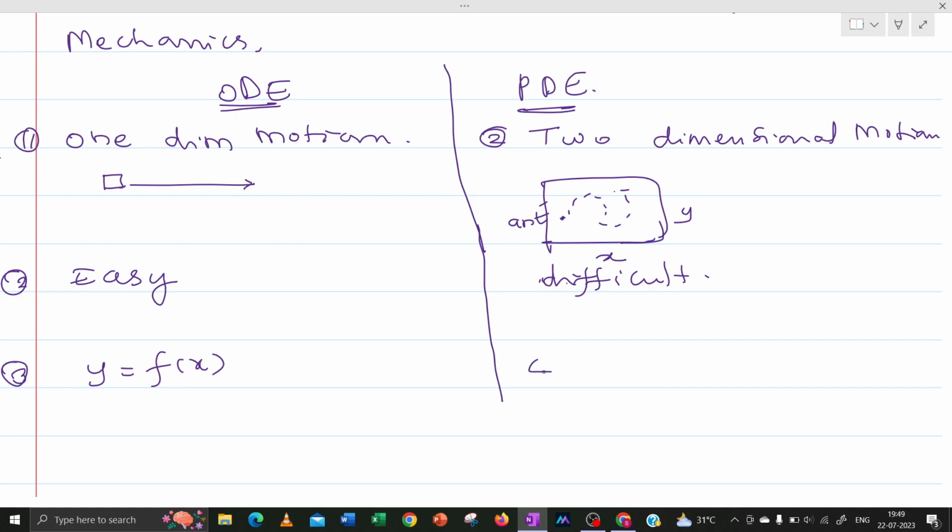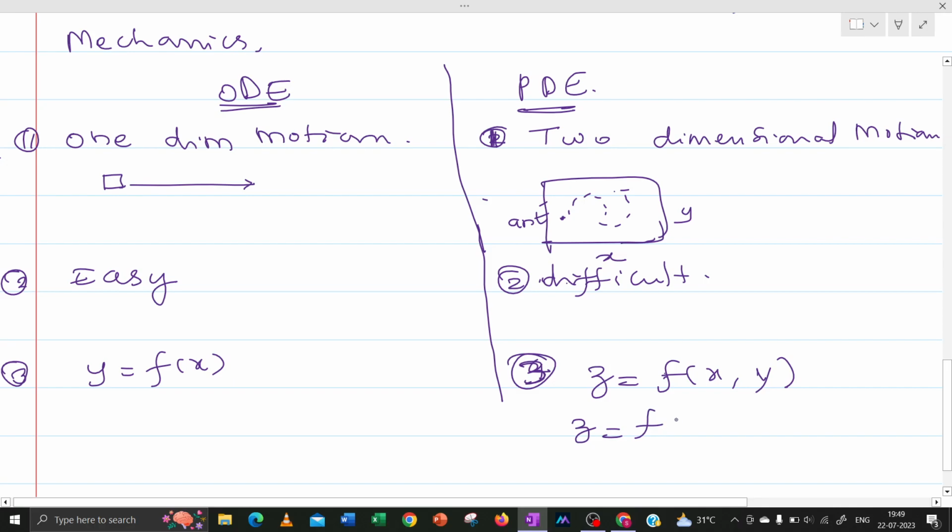Whereas the partial differential equation should contain two or more variables. That is, it may be z equal to f of x comma y. In general, we can write z equal to f of x1, x2, ..., xn. N number of variables can also be used for the partial differential equation.